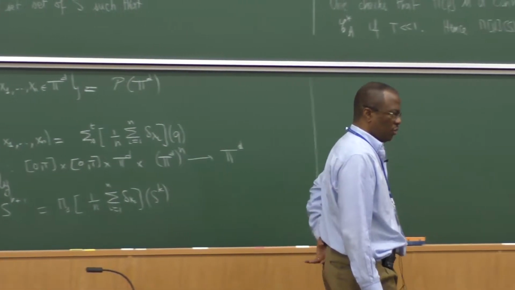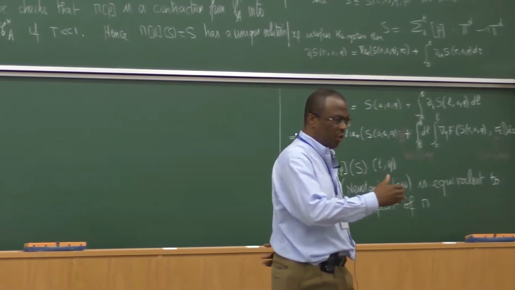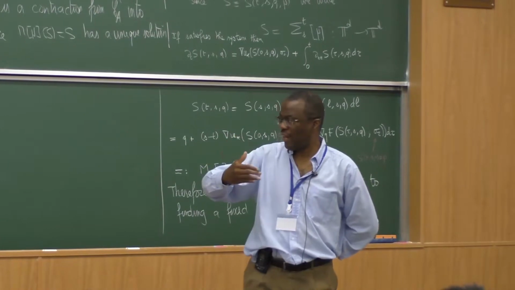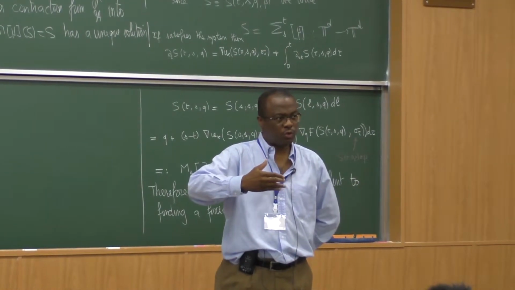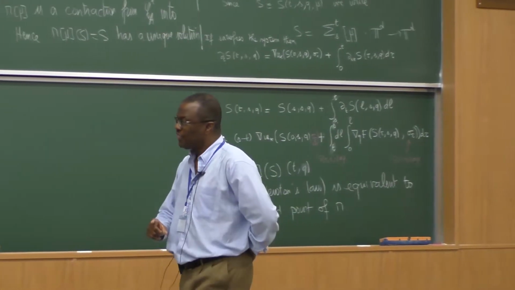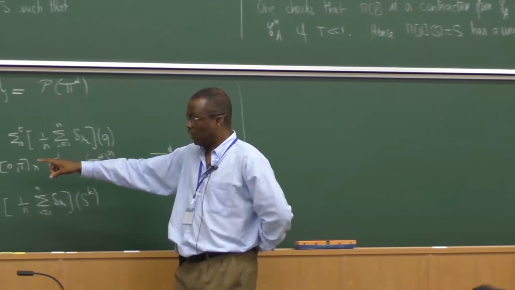Okay. So this sequence, because my map is a contraction, for n fixed, when k goes to infinity, will converge to the unique fixed point. So you start with S naught.